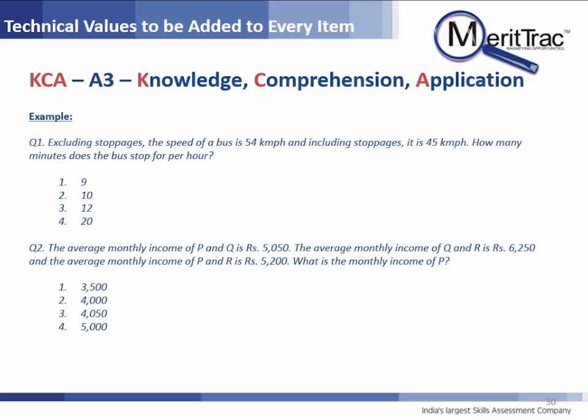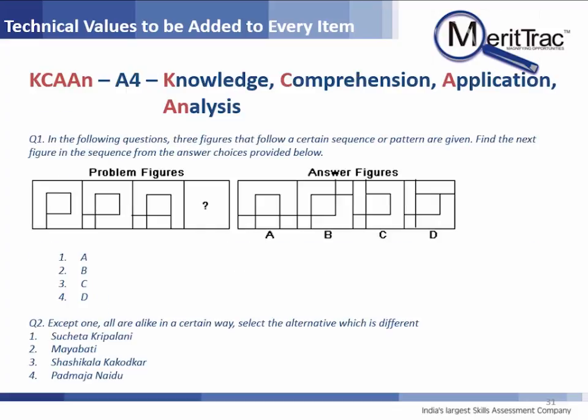And you also need to apply those theories to real life data, a real life situation, so that you can arrive at the result, the outcome. So, whenever you come across such an item, this would form part of A3, because it has knowledge, comprehension, and it also has application to be tested using these items.